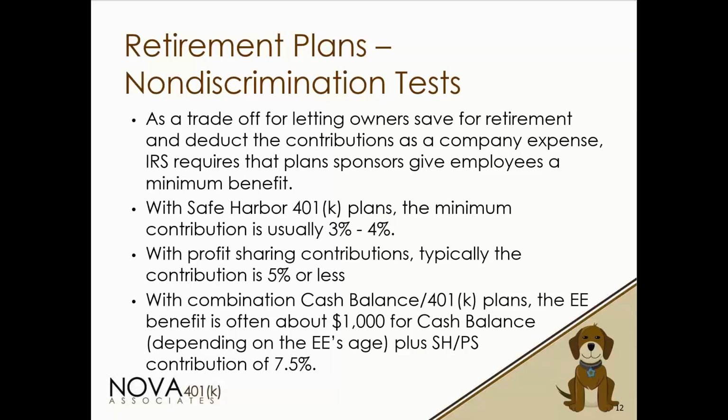For profit sharing contributions, typically you have to give 5%, sometimes a little bit less, to satisfy these, and we'll see that when we talk about new comparability plans.